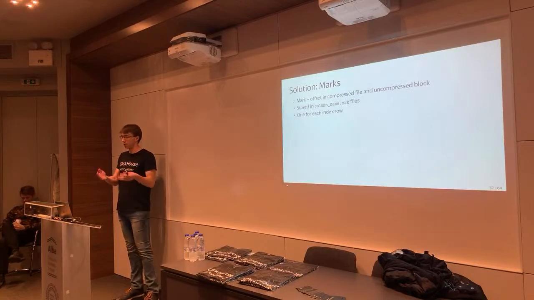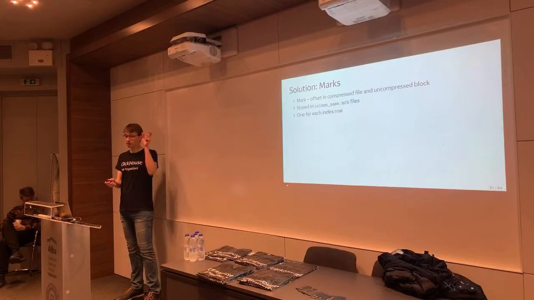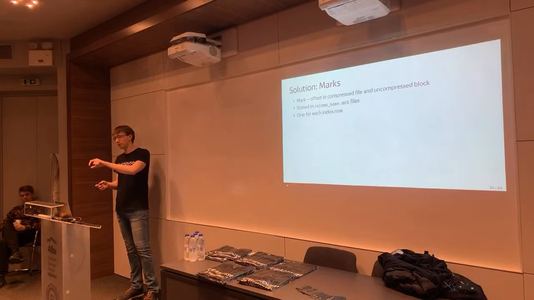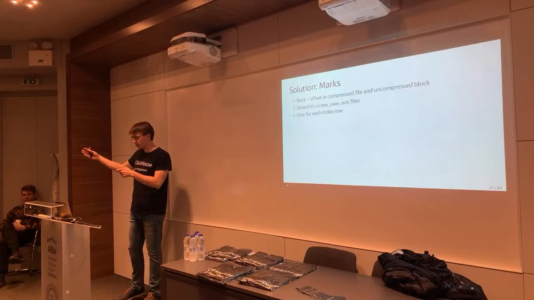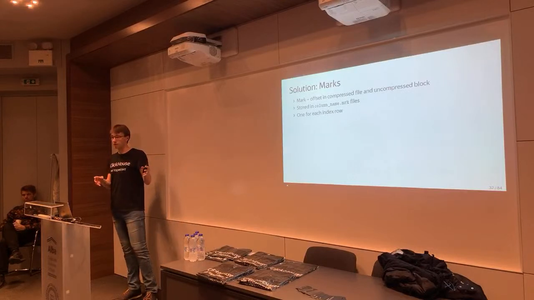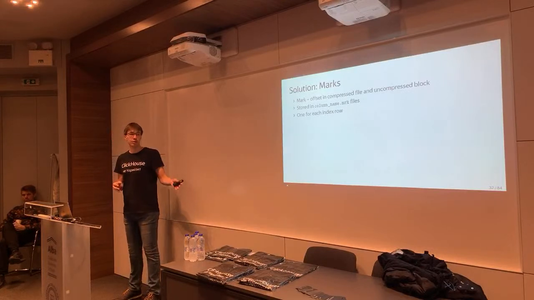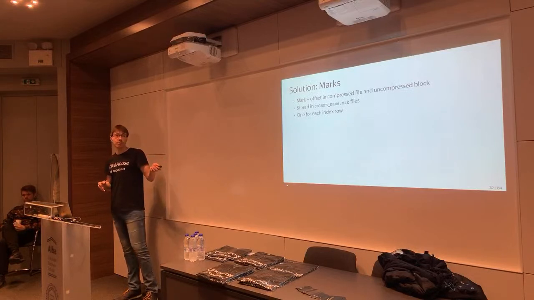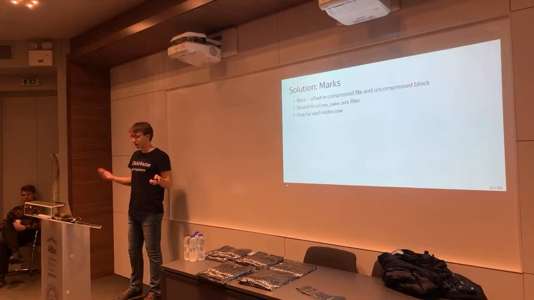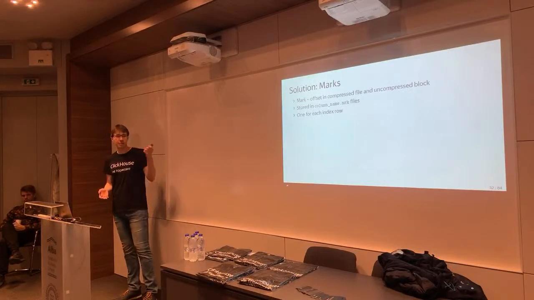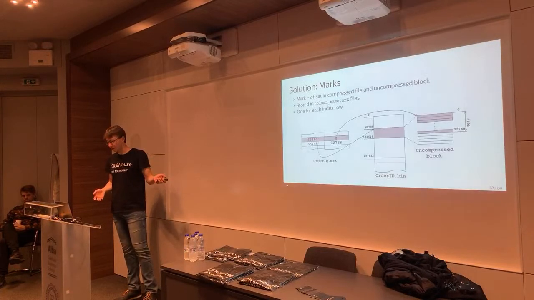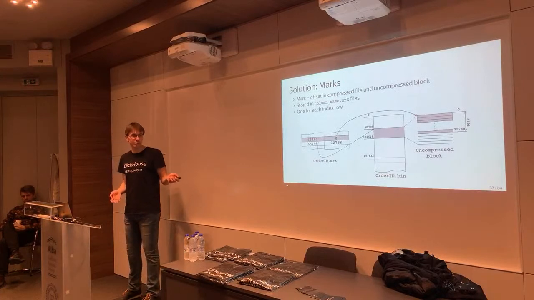Let's just, for each column, store a pointer from the corresponding index row to an offset in our compressed file and into the uncompressed block. We will have these records, these pointers, for each index record, and we store these pointers in the column name .mrk file, and we call them marks. I think it is easier to understand with this picture. As I said before, we have marks. This is just two numbers.